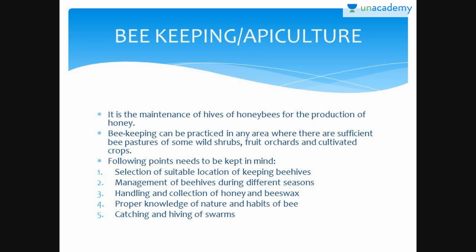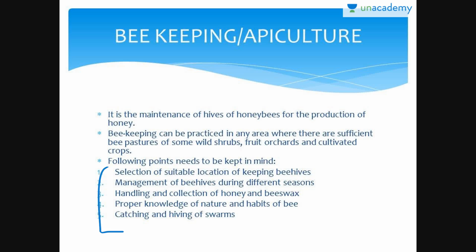The next topic is beekeeping, which is also known as apiculture. It is the maintenance of hives of honeybees for the production of honey. Beekeeping can be practiced in any area where there are sufficient bee pastures of some wild shrubs, fruit orchards, and cultivated crops.